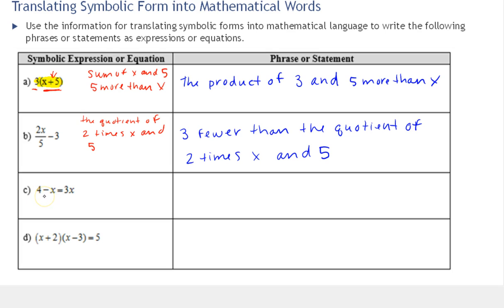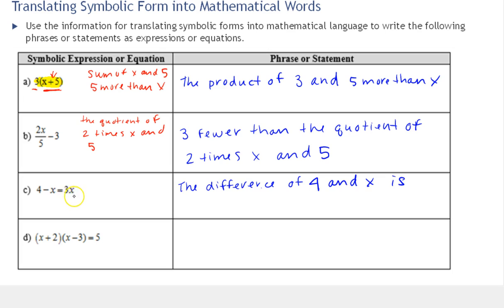Let's go with that one. Since that's the only thing on the left-hand side, I'm going to write the difference of, since I'm subtracting, that's why I'm writing the difference. The difference of, the first number in the difference is 4, and the second number in the difference is x. So the difference of 4 and x, now we have the equal sign, so we're going to write is.